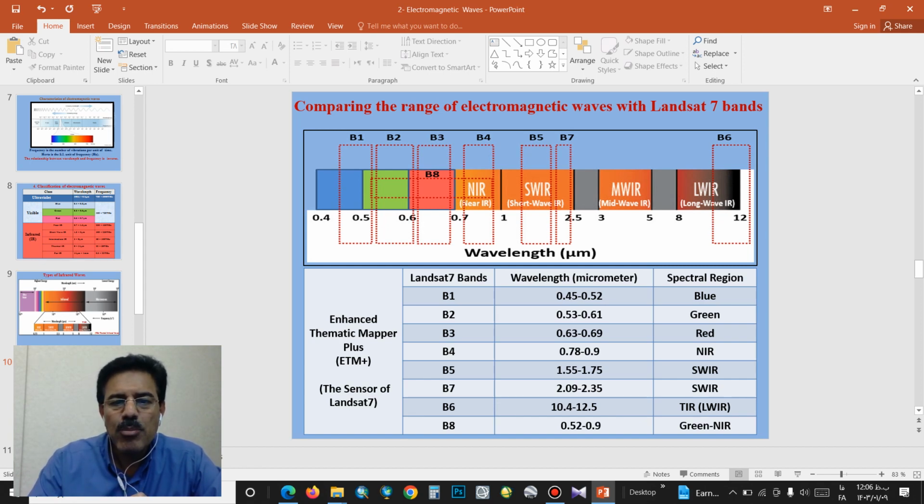For example, B1 wavelength is between 0.45 to 0.52 and spectral region is blue, and B8 wavelength 0.52 to 0.9, spectral region green to NIR.